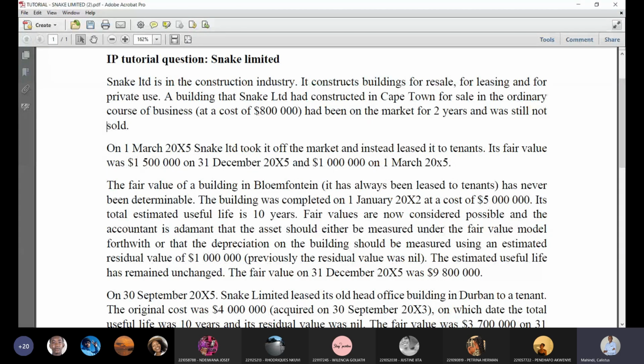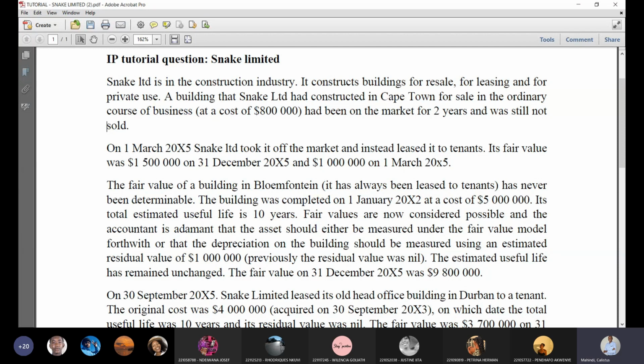So they have all of these buildings. Some are classified as inventories, some as investment property, and some as owner-occupied property, which would be property, plant, and equipment. When you're reading the question, bear in mind that they have different buildings and those buildings are classified differently.